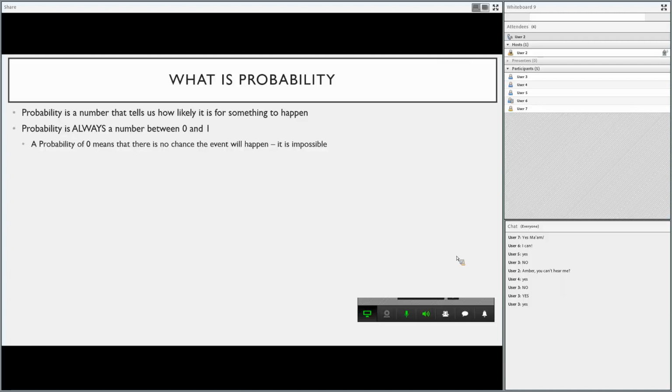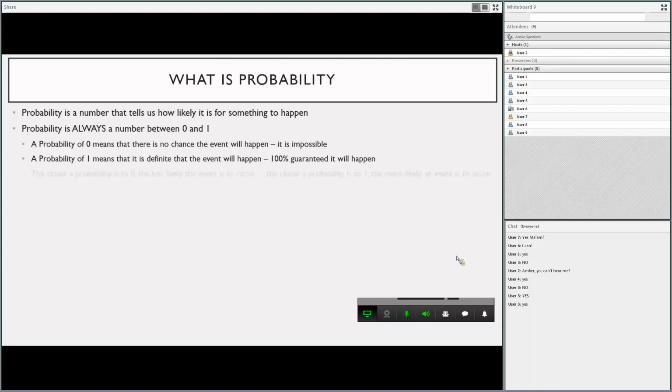The way we can interpret the probability number is, a probability of 0 means that there is no chance whatsoever that the event we're talking about can happen. It's impossible. Whereas a probability of 1 means that it's assured that it definitely will happen. 100% guaranteed, we know for sure this will happen.